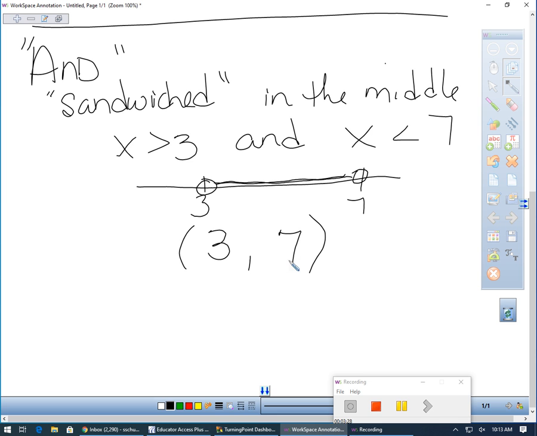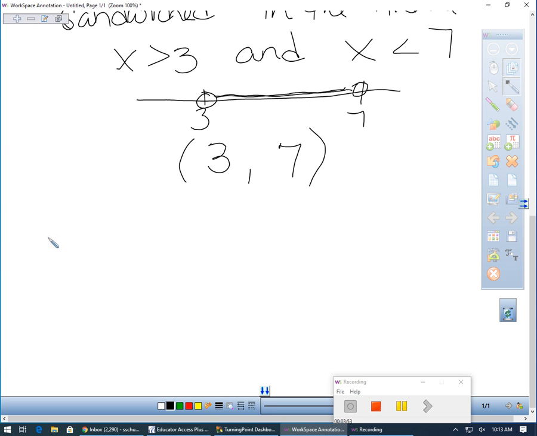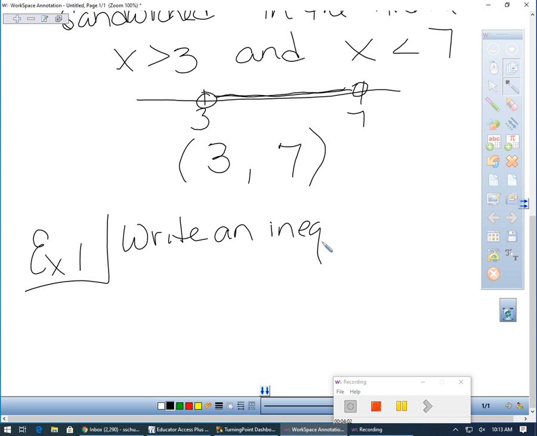All right? So here is example number 1. Example 1, I want you to write an inequality, let's just say 4.